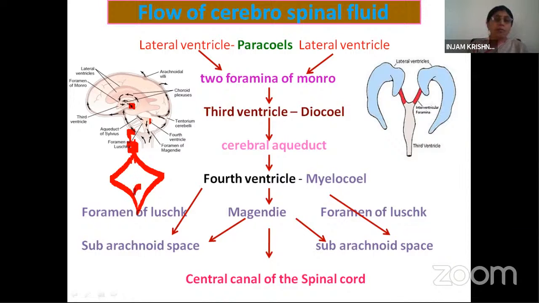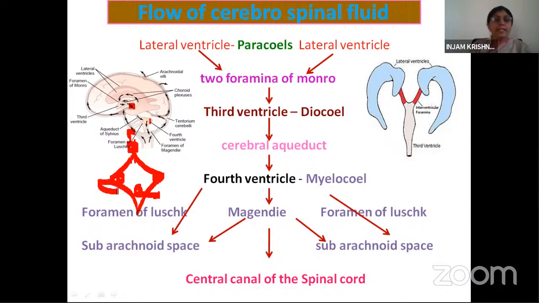Here one foramen is there. Another pair of foramina is at the sides of it. These are the foramina here and here, and this one. So when CSF is entering the fourth ventricle, what is this one? This is the center of it. This is the foramen of Magendie. Through the foramen of Magendie, it enters the subarachnoid space.